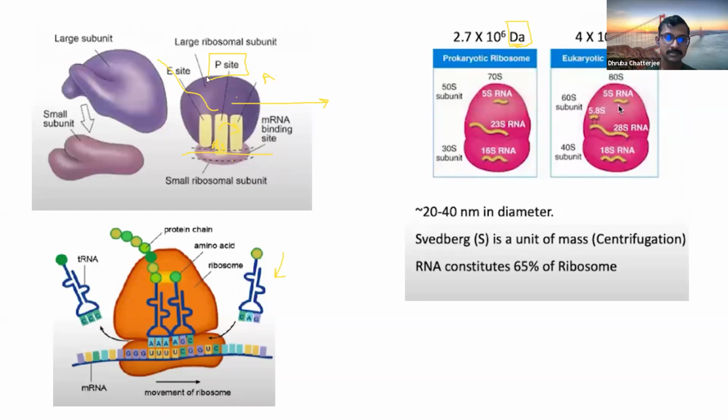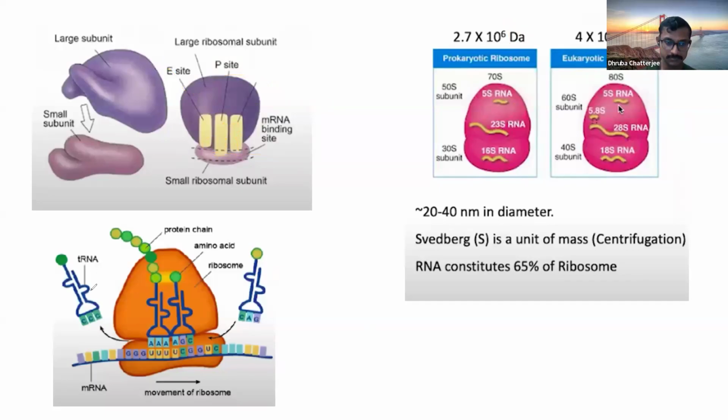So when the translation complex is first formed, that is, there is the mRNA, the small ribosomal subunit, and the large ribosomal subunit, the start codon will always be present in the peptidyl site, and one more aminoacyl tRNA residue will be present in the aminoacyl tRNA site. We will also see this better in the upcoming slides.